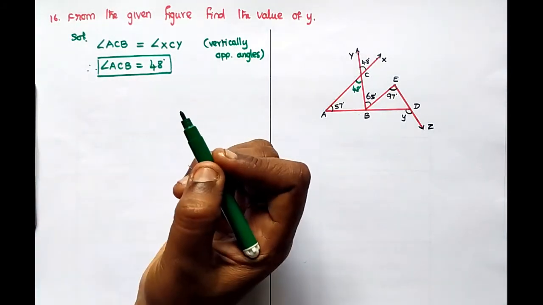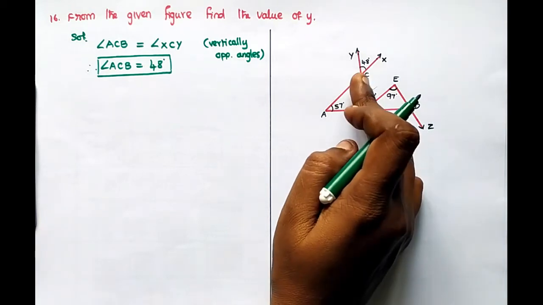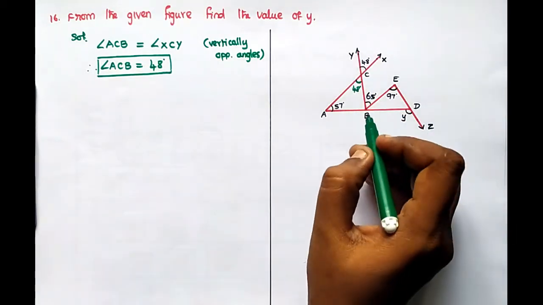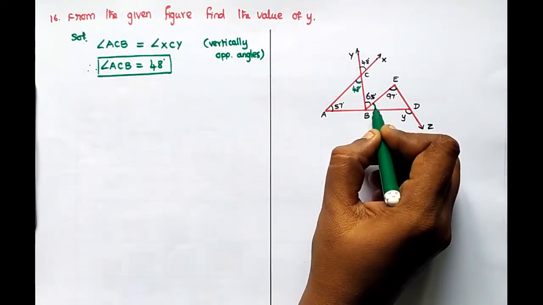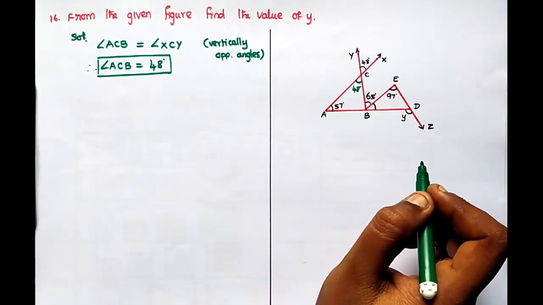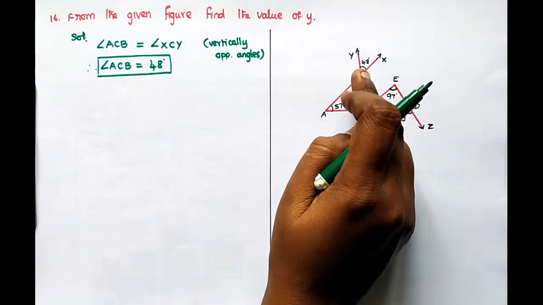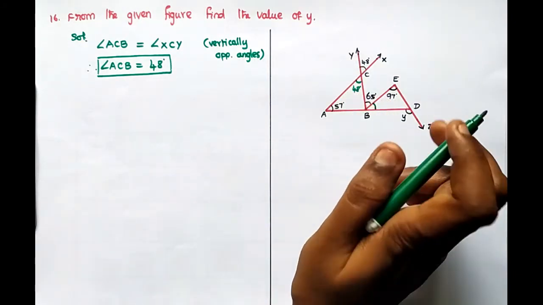Next one. Here 48 degrees. So we want to find out this one first. So angle CBD.